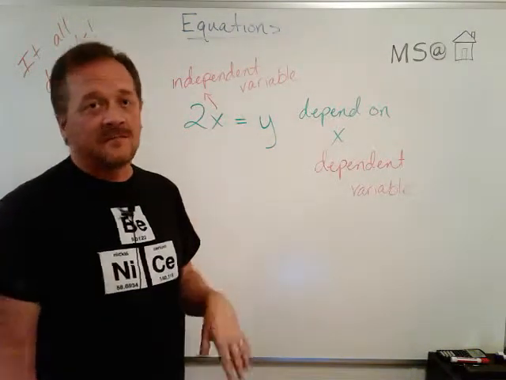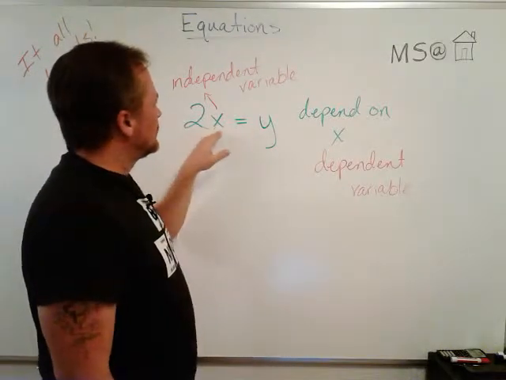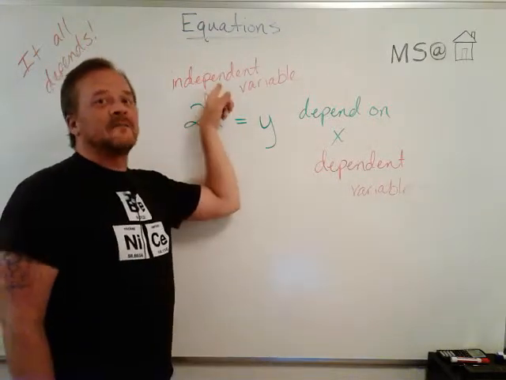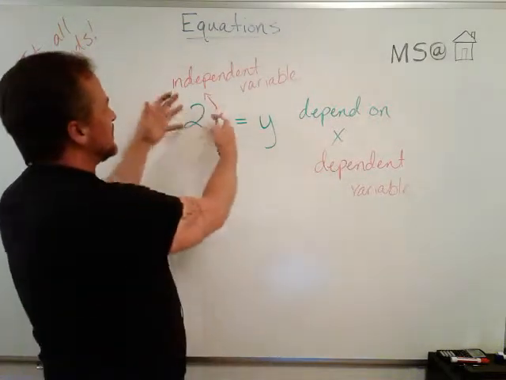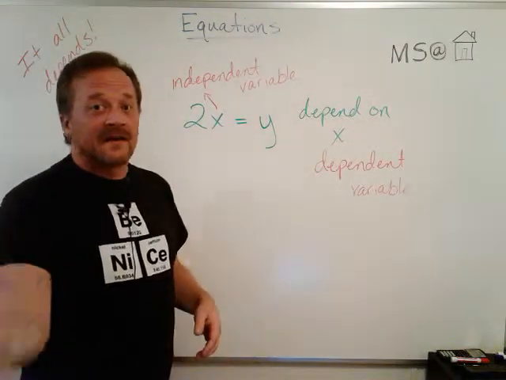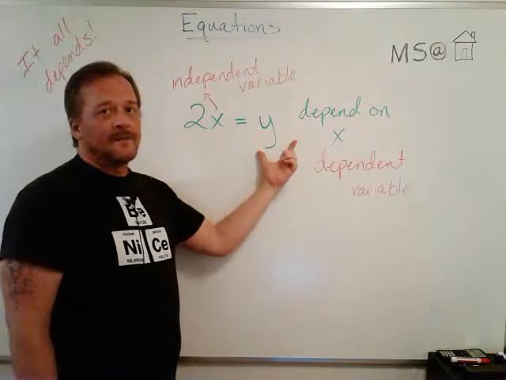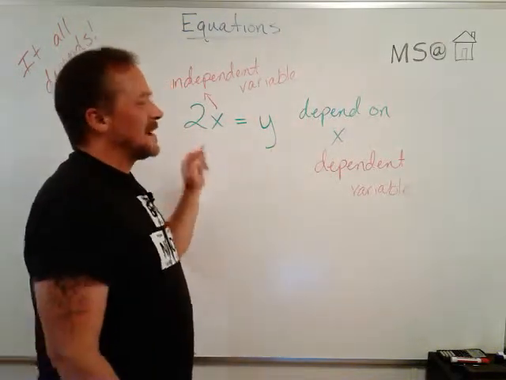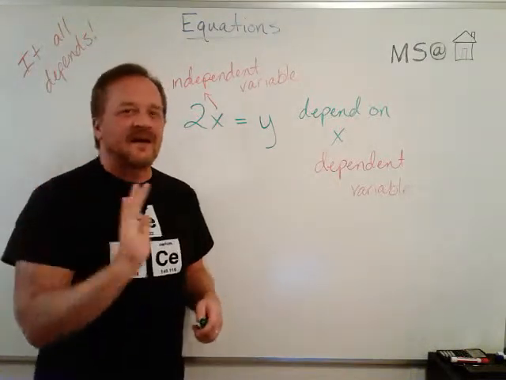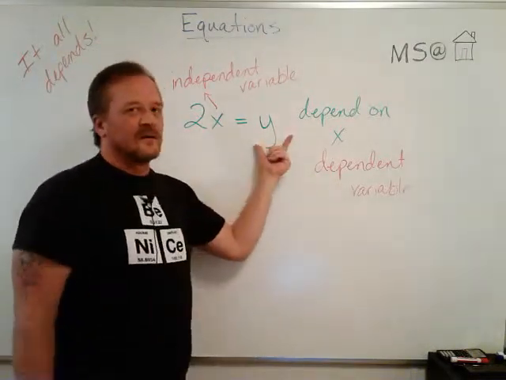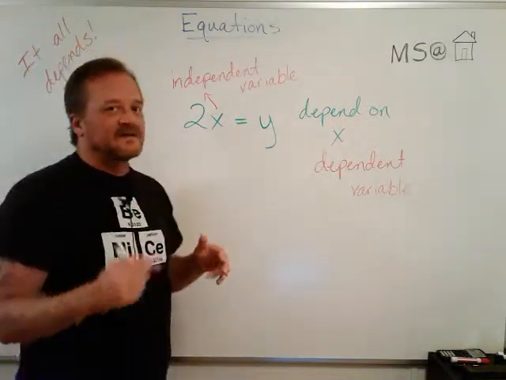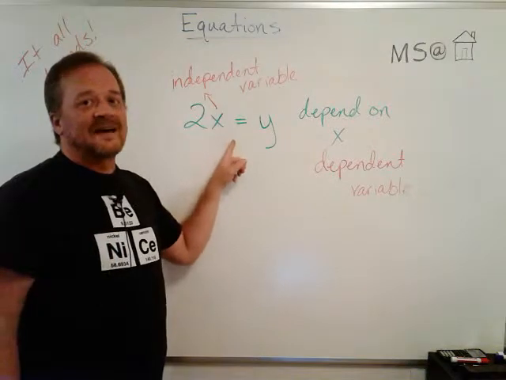I mean, you could, but in terms of the concept we're trying to get across here, you choose the independent variable, and whatever the result is that happens on this side where all the action's happening, that will then give you the answer or the value of y. That's why y depends on x, okay? So the first thing about an independent variable is that it doesn't depend on the other side. It doesn't depend on what's happening over here. X is independent. The second thing is we get to choose what x is.